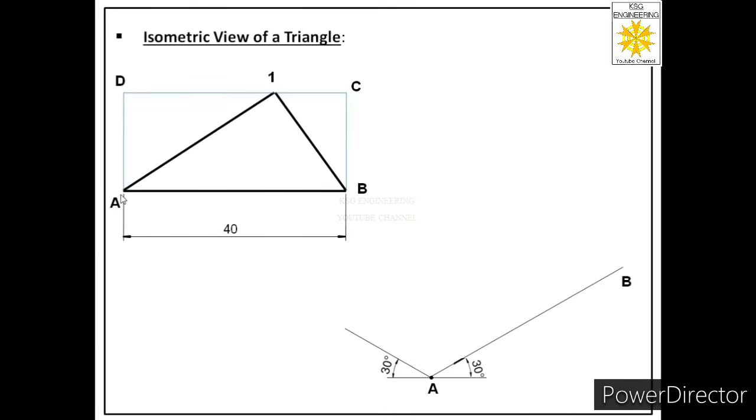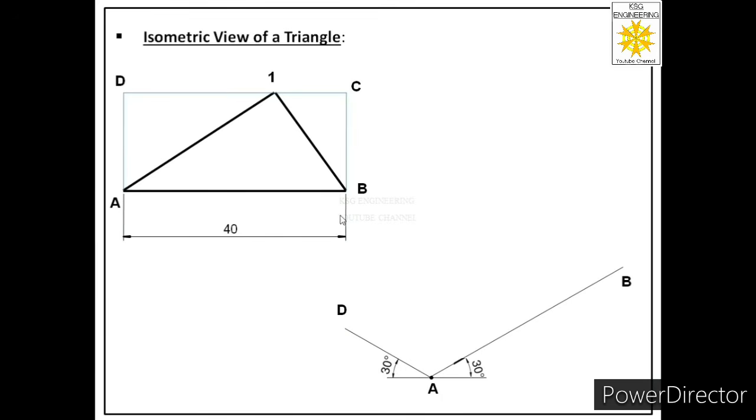Put the compass at A, open the compass to AD. After measuring this width AD, put your compass back at A and cut this length AD, and we will erase the remaining isometric axis. So we have drawn length AD on this isometric axis.